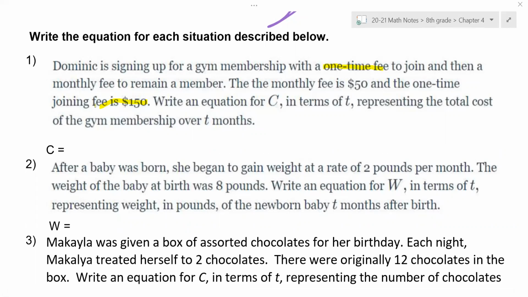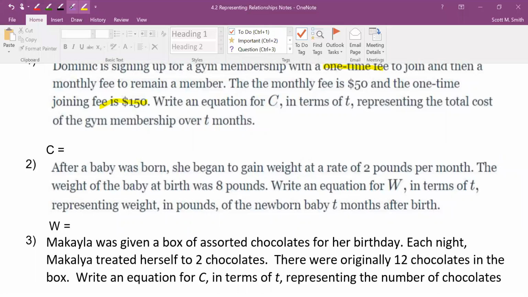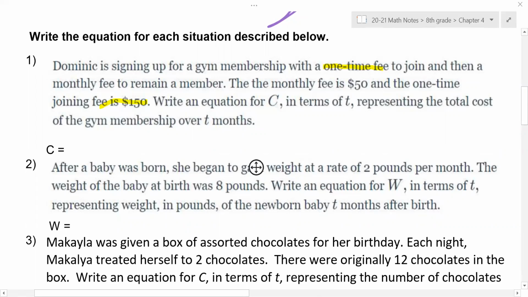Write an equation for C in terms of T, representing the total cost of the gym membership in T months. So what I'm going to do is, I know that I have to have 50 being multiplied by something, and it's going to be multiplied by T months because it's $50 a month. So it's going to be 50T, and then I have to add what it cost at the very beginning.